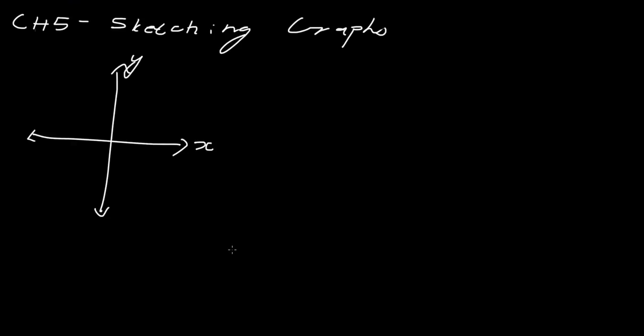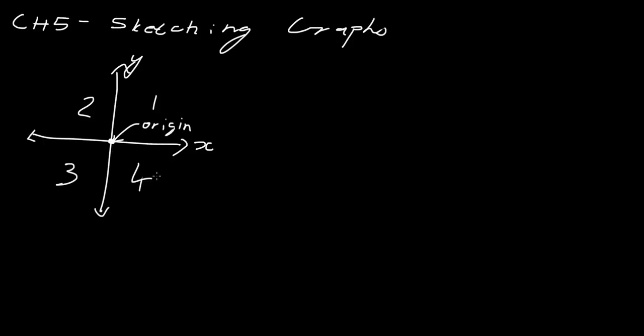The Cartesian plane is divided into 4 quadrants. 1, 2, 3, 4. Those are the quadrants of your Cartesian plane. And this point here, the 0 point on the x and y axis, is known as the origin. Okay, so that is the origin.